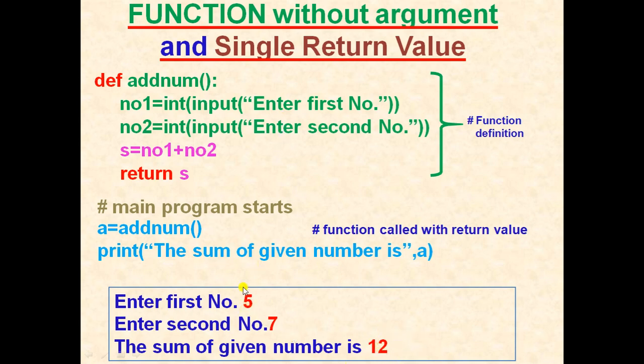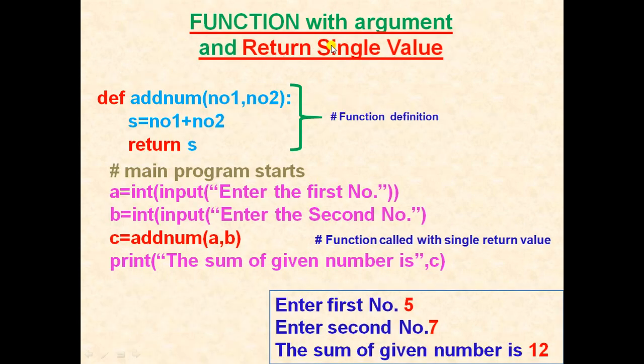If we have entered 5 in the first number and 7 in the second number, it adds them and assigns the result to S, and this is returned by the function add num. Whatever value is returned is assigned to A, and that same A is displayed as the sum of the given number. In this way we can return a single value without taking any argument.